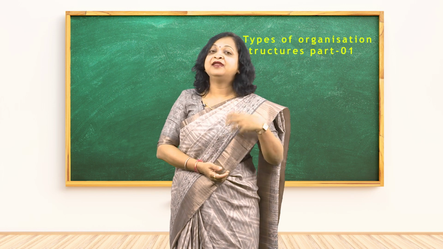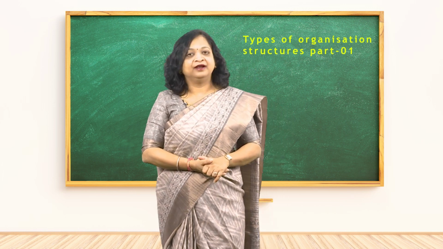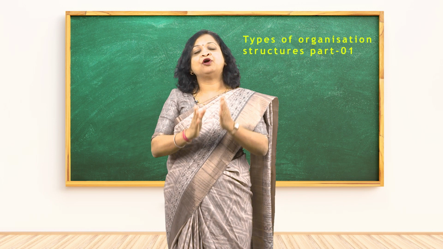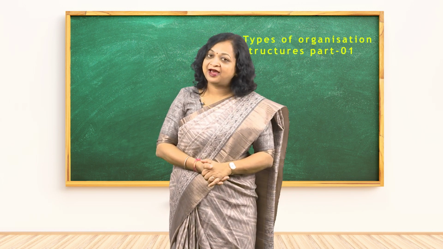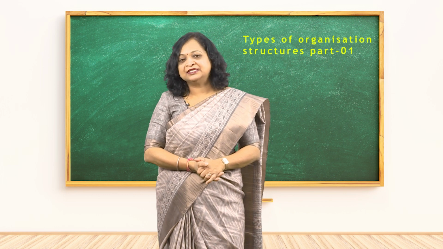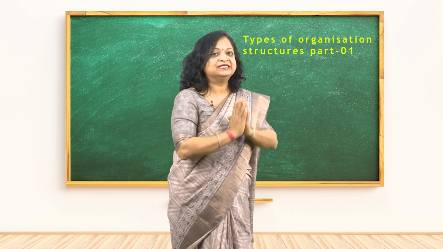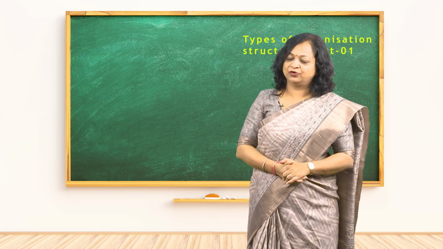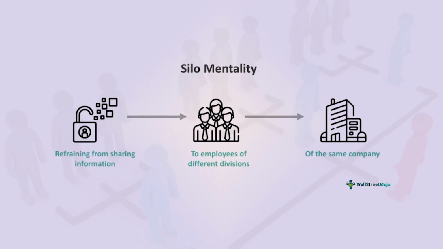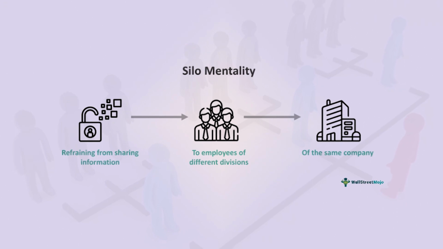So, a functional structure is particularly effective for organizations that require a high degree of specialization and efficiency within their departments. While it offers clear advantages in terms of expertise and streamlined processes, leaders must remain vigilant to the challenges it poses, such as silo mentality and inflexibility.